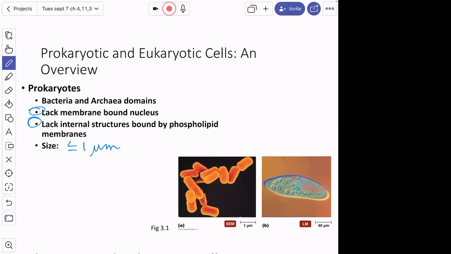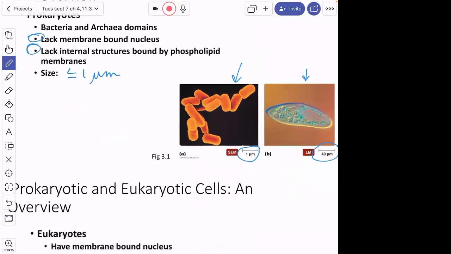If you look on the left here, these bacteria cells, in a scanning electron micrograph, are about a micrometer. If you're measuring a bacillus, it's going to be longer one way than the other. Here on the right is a typical eukaryotic cell. It looks like a paramecium. Look at the units there, a lot bigger.